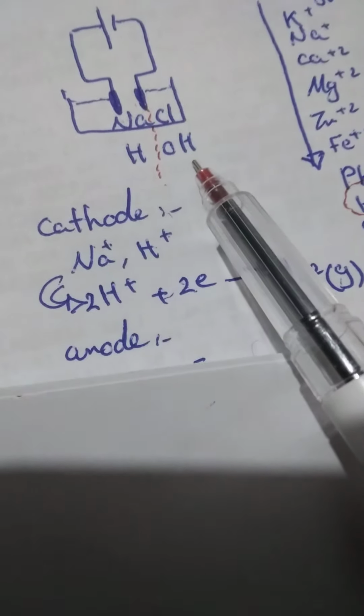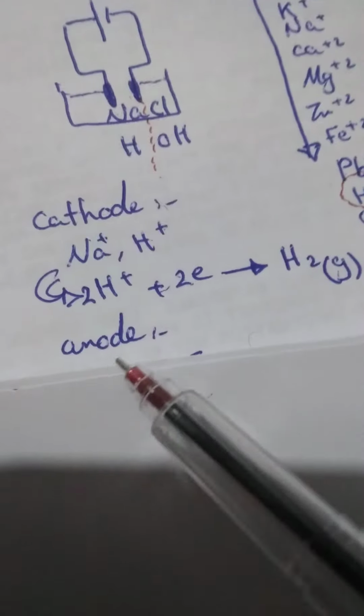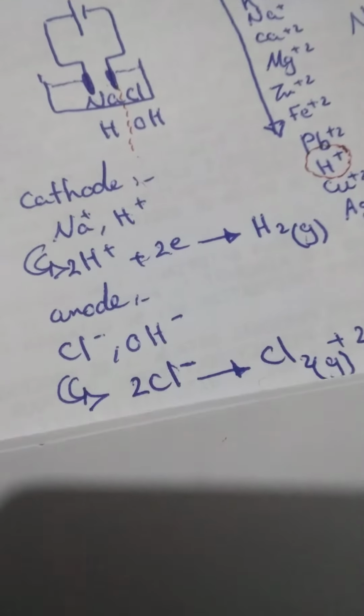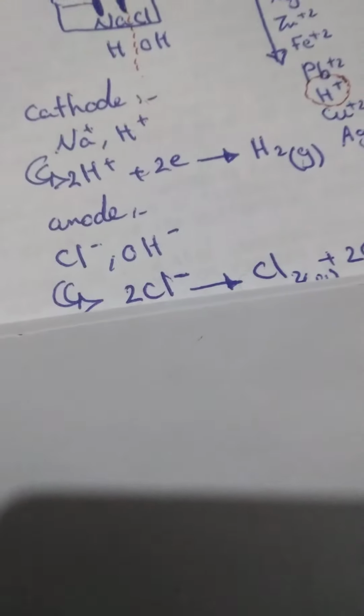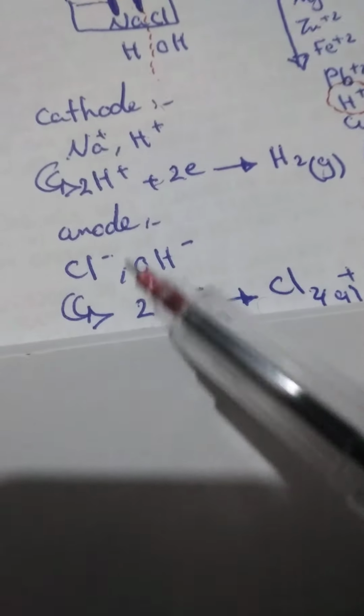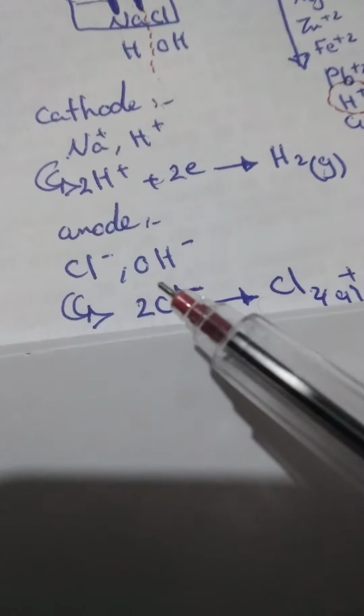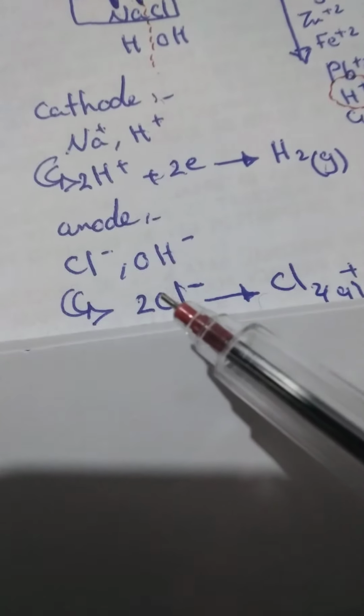And the other part, the anions, chloride and hydroxide ions, will migrate towards the anode, where only one of them will be discharged. Which one will be discharged here? The higher concentrated ion will be discharged.